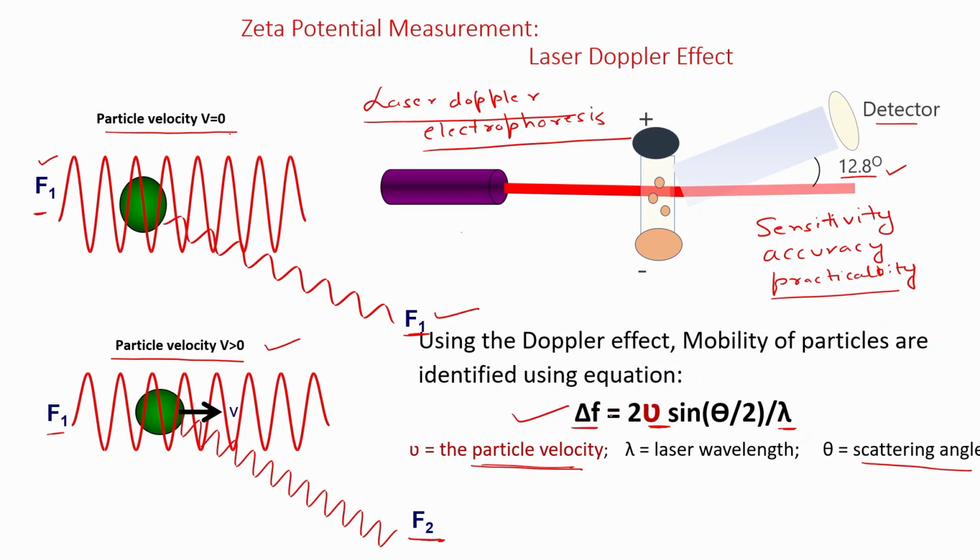Once we have the particle velocity, we will know the electrophoretic mobility, which is given by u equal to velocity divided by the applied electric field strength. From this electrophoretic mobility, zeta potential can be calculated, which we will see in the coming slide.